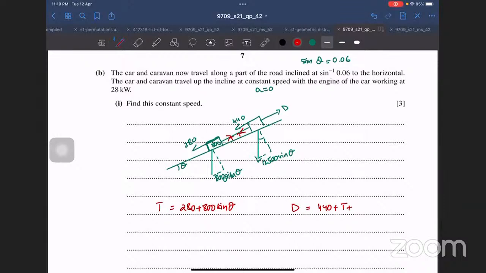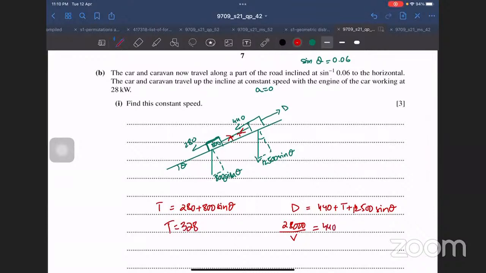plus 12,500 sine theta. In this case, D would now be 28,000 divided by V. I'll follow the value for T, which is 280 plus 800 into 0.06. I have 328.